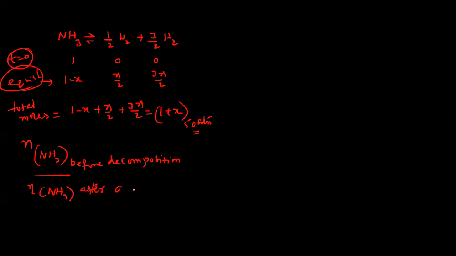Before dissociation it is 1, after dissociation it is 1 plus x. So this is equal to 31 by 50, that is, 1 mole by 1 plus x, corresponding to 31 atmospheres by 50 atmospheres.